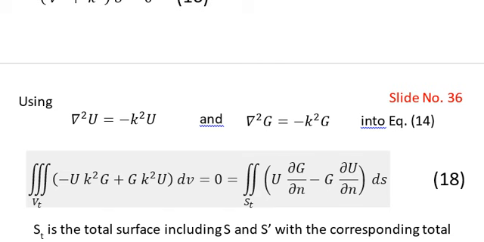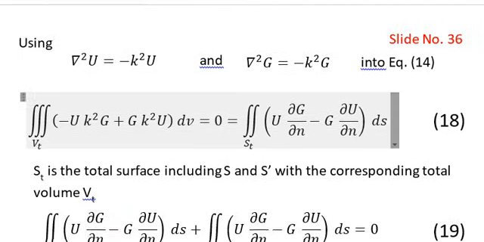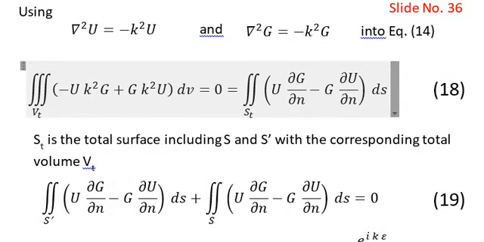And then we have the integral over the total surface S_T. T stands for total and S is the surface. So now we have the double integral on the total surface, and this includes capital G and the partial derivative of G, and capital U and the partial derivative of U, in equation number 18. S_T is the total surface including two surfaces.